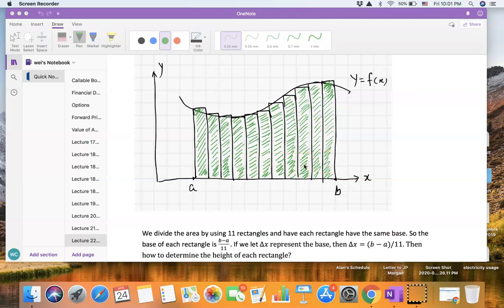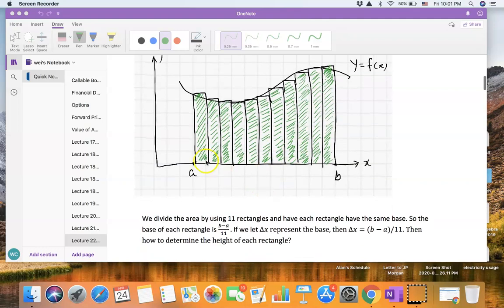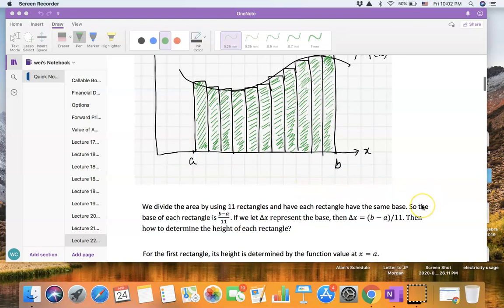Now, when we choose the rectangles, we want each rectangle to have the same base. In other words, the width of each rectangle is the same. And we can determine the length of the base using this formula, b minus a over 11.